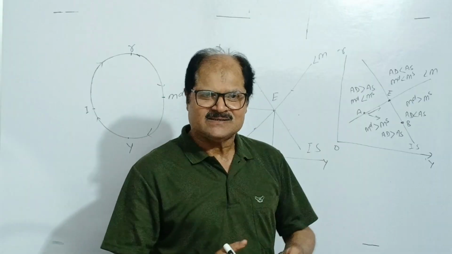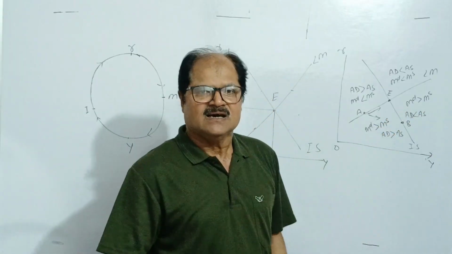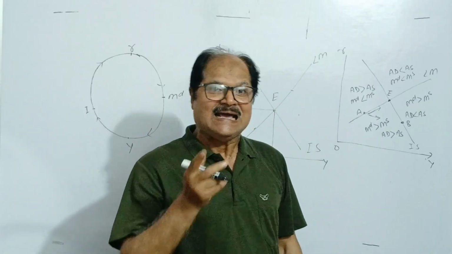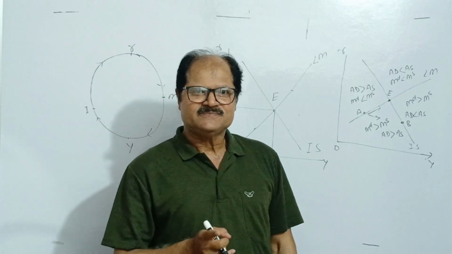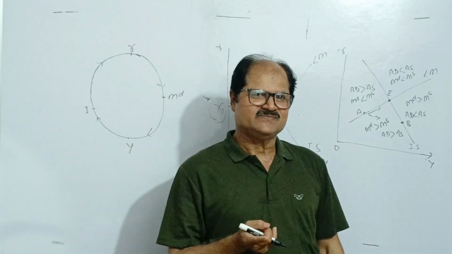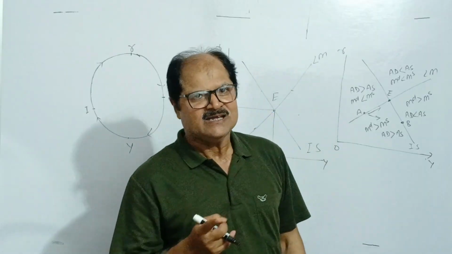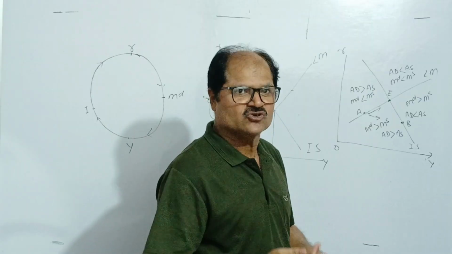What will be the impact? Impact will be that because of excess demand in money market, rate of interest will tend to increase. As rate of interest tends to increase, there will be reduction in investment, and through the multiplier process, reduction in investment will bring down level of income. So how does the adjustment process go on?